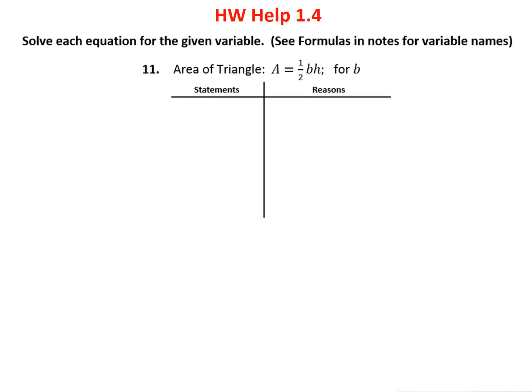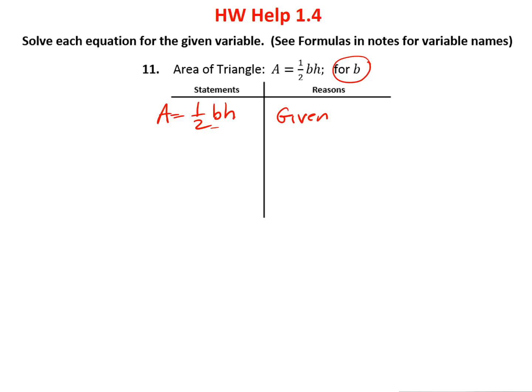Similarly, here's the area of a triangle, and we want to solve for B. So the area equals 1/2 base times height. Notice with the variables, remember you don't have to put the dot. You don't have to put 1/2 times b times h. It's understood that's 1/2 times b times h. That's given. We want to solve for b, so we want to get rid of the b and the h.